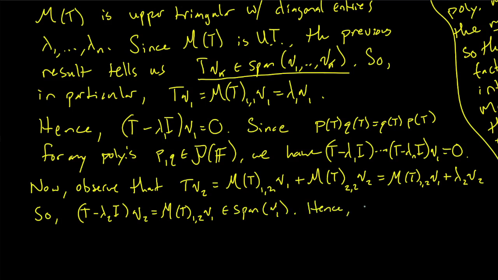Hence, T minus lambda 1 I sends (T minus lambda 2 I) v2 to 0.